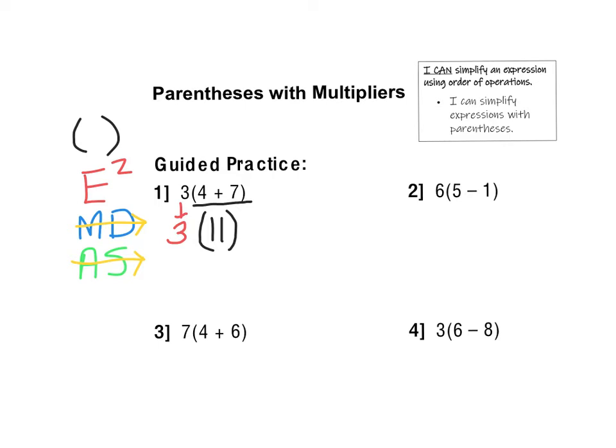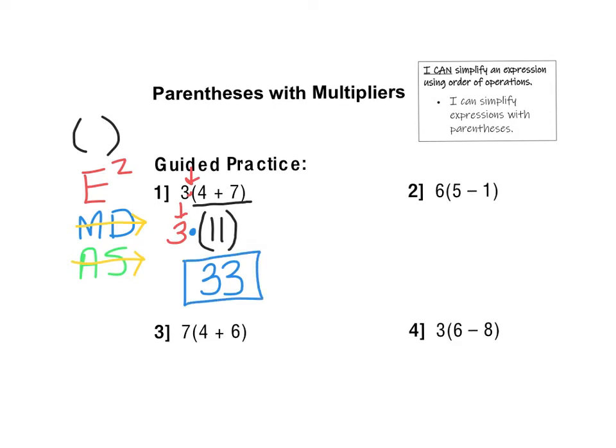Our invisible operation is multiplication. So when there's nothing between the number and the parentheses, remember that means we are going to multiply. So we're really going to do 3 times 11 to get our final answer. And our final answer would be 33.